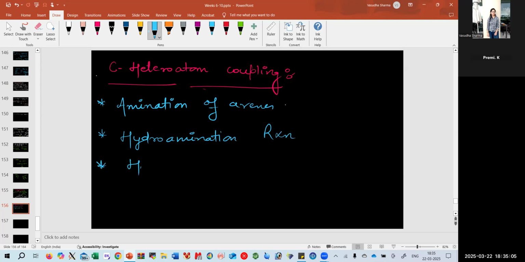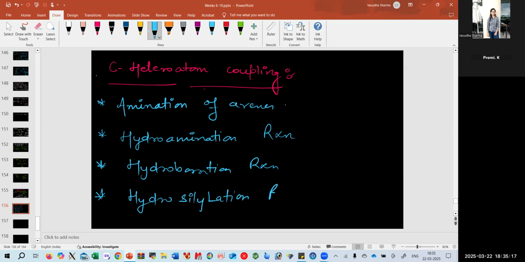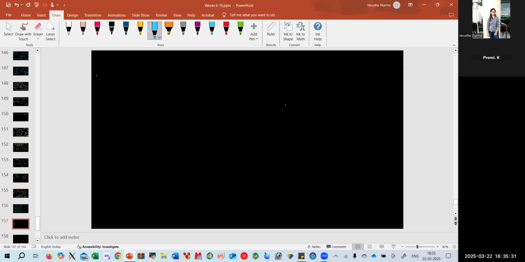Third is hydroboration reaction. And the last one is hydrosilylation reaction. So earlier we saw hydrocyanation, how the hydrogen and cyanide group is attacking, getting added onto the substrate. Similarly, these are the different reactions that we are going to talk about one by one.